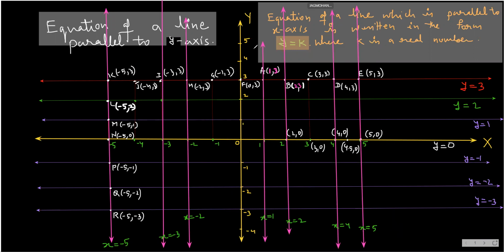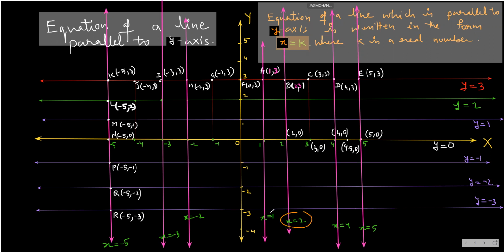So what we can say here, students, now I will make change in this only. I can say here, equation of a line which is parallel to y-axis is in the form x equals to k.